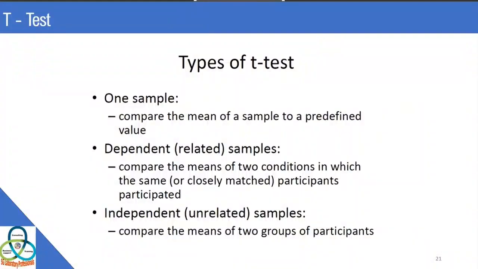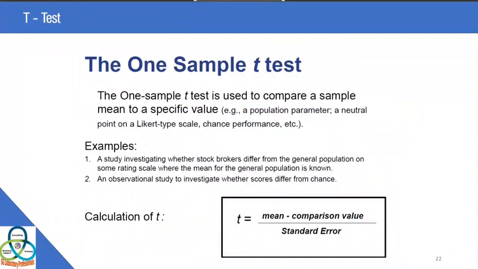The first, the one sample test, is generally similar to the bias test, whereas for larger data sets it can be done dependent or independent. These days we can even use Excel for this type of calculation, which makes our exercise much easier than in the past. The one sample test is calculated based on the mean value, the comparison value, and the standard error. In this case, it is straightforward.